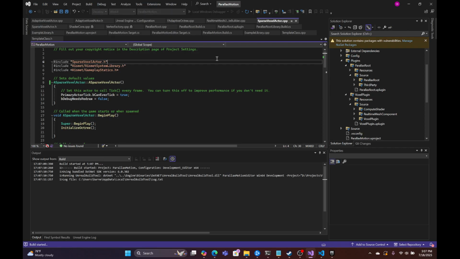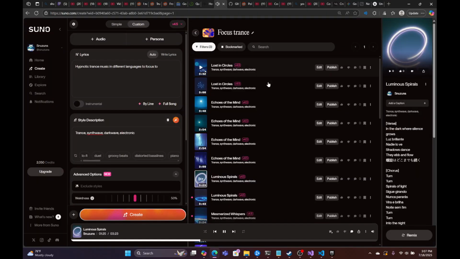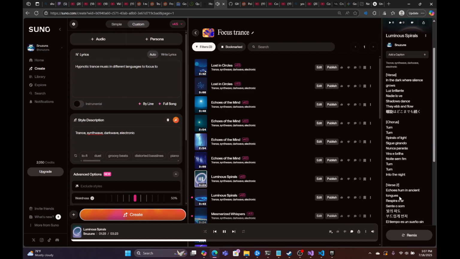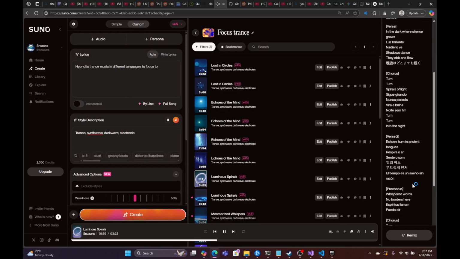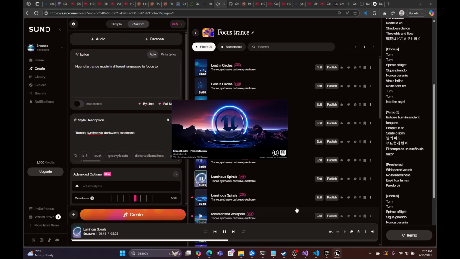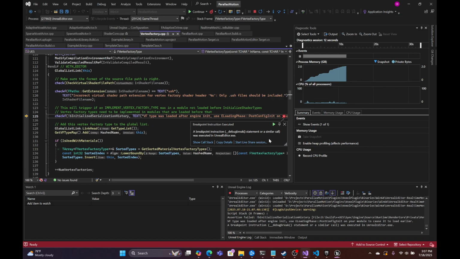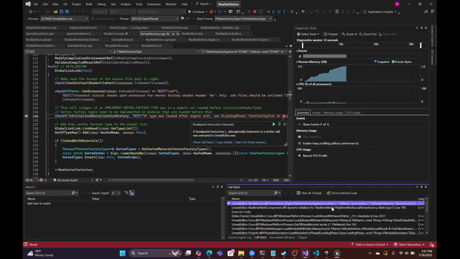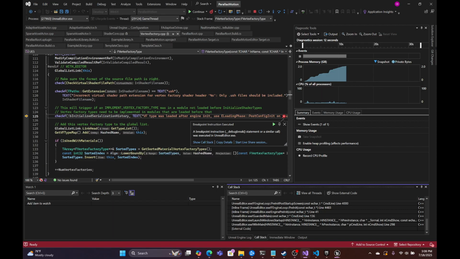What the fuck? Something going on with the real-time mesh build.